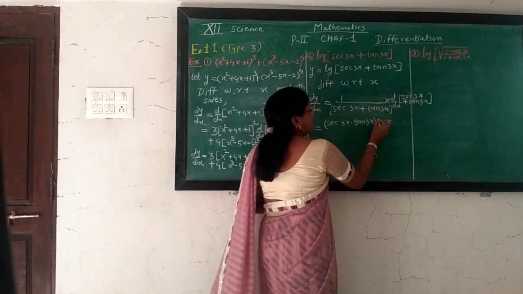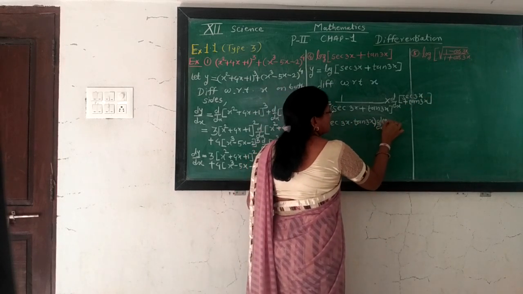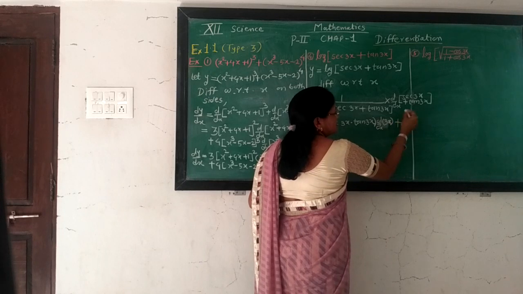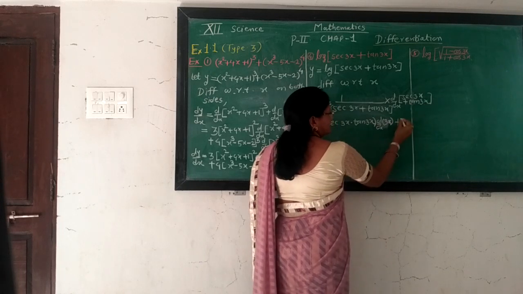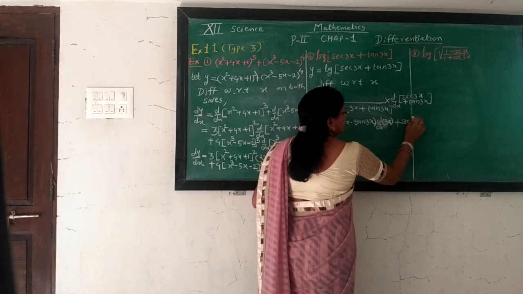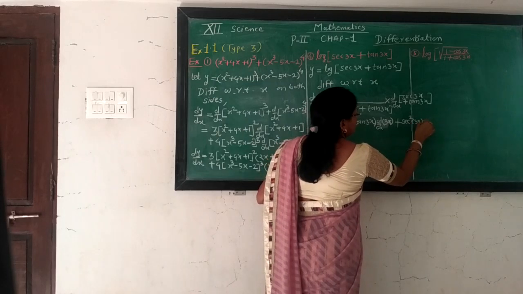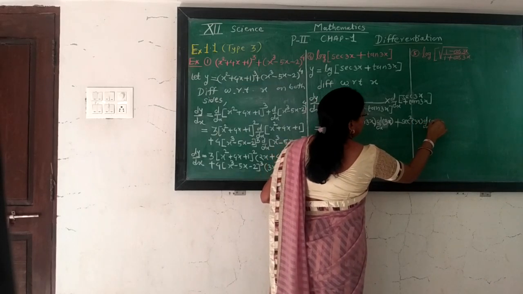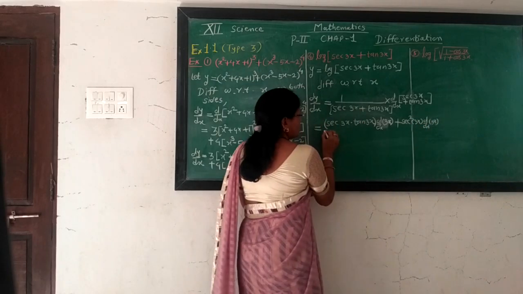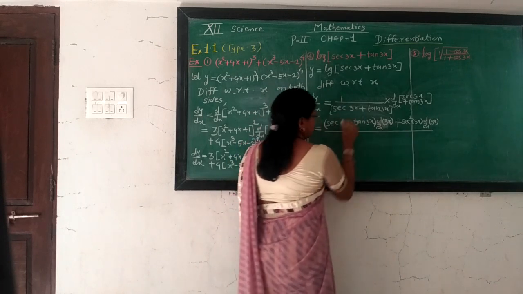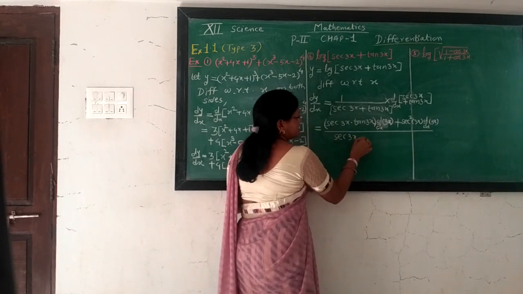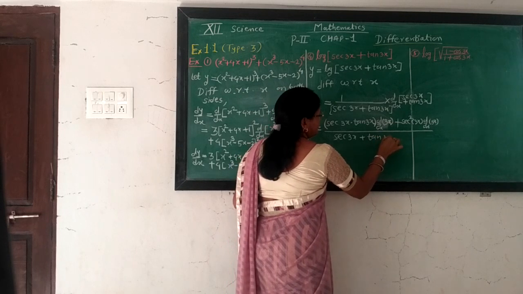And therefore here we multiply d by dx of 3x, plus the derivative of tan 3x, which is sec square 3x, and again we multiply the derivative of 3x, the whole divided by (sec 3x plus tan 3x).